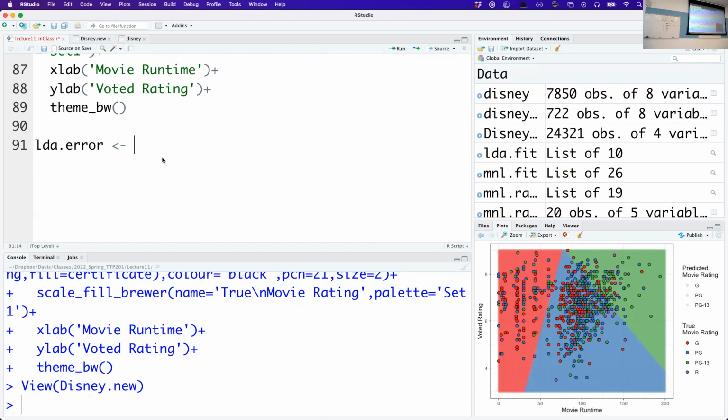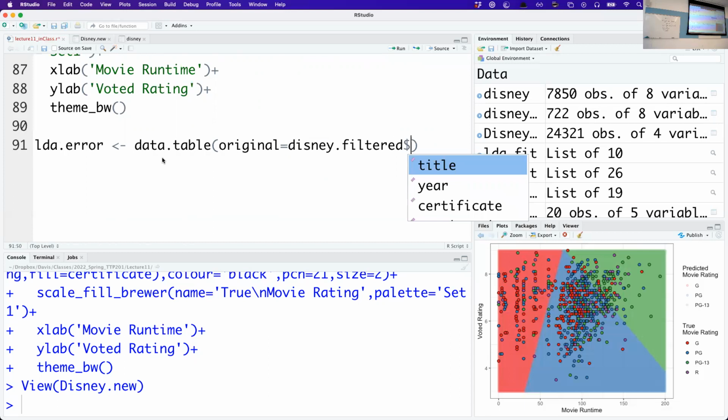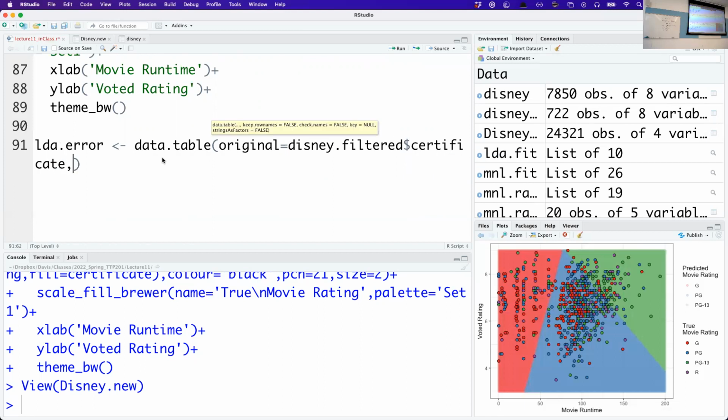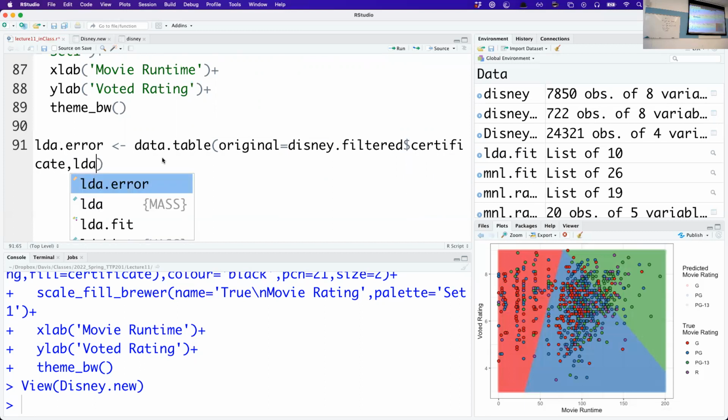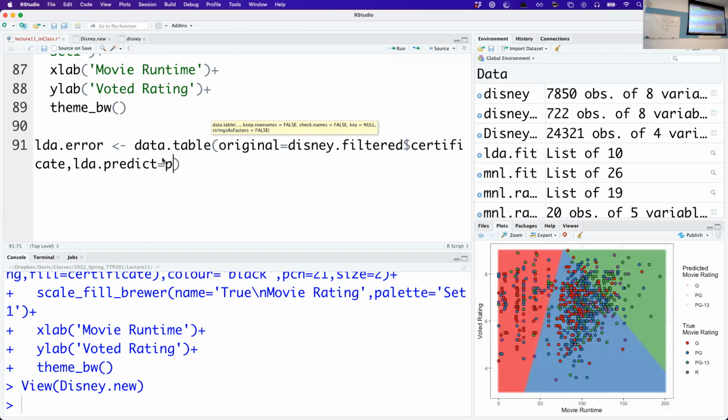So okay, original would be, what's it called? Disney.filtered dollar certificate, and then LDA.predict would be equal to predict of our LDA fit.